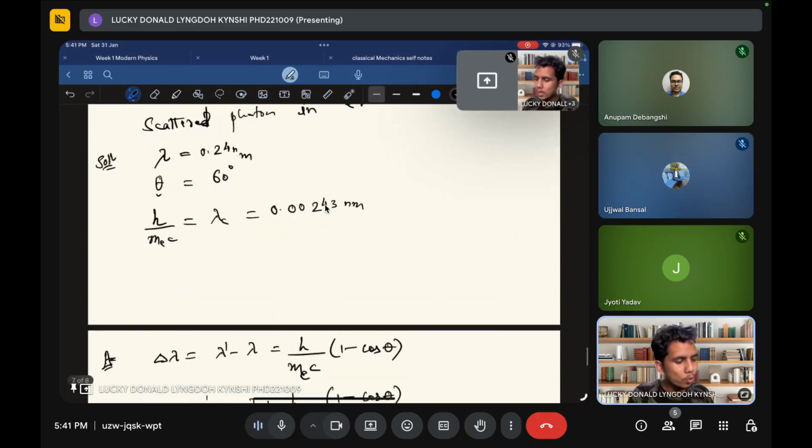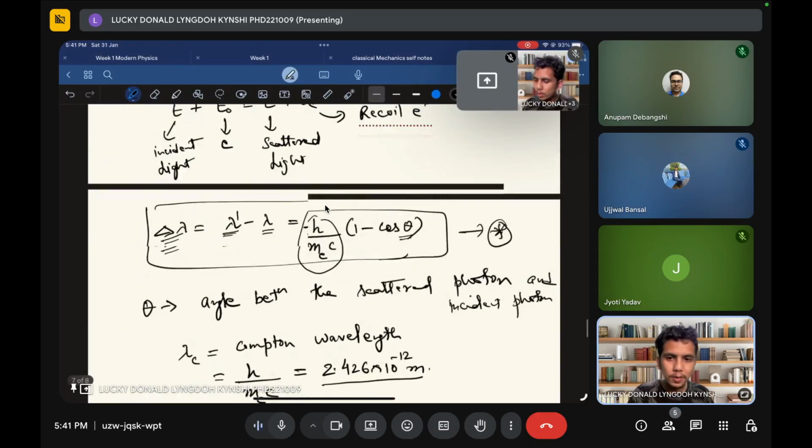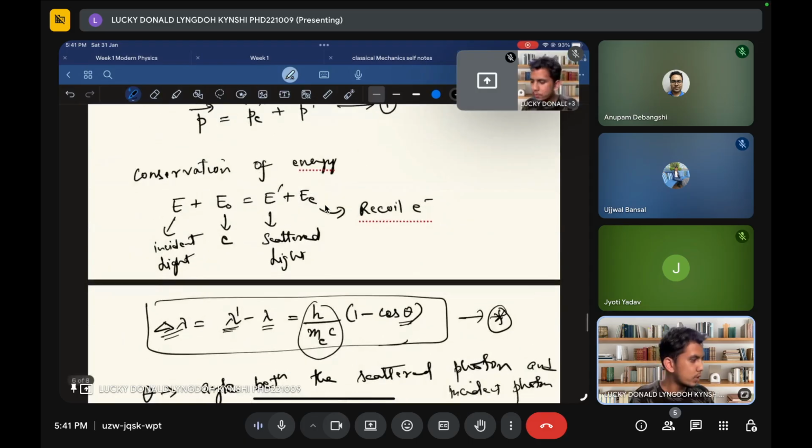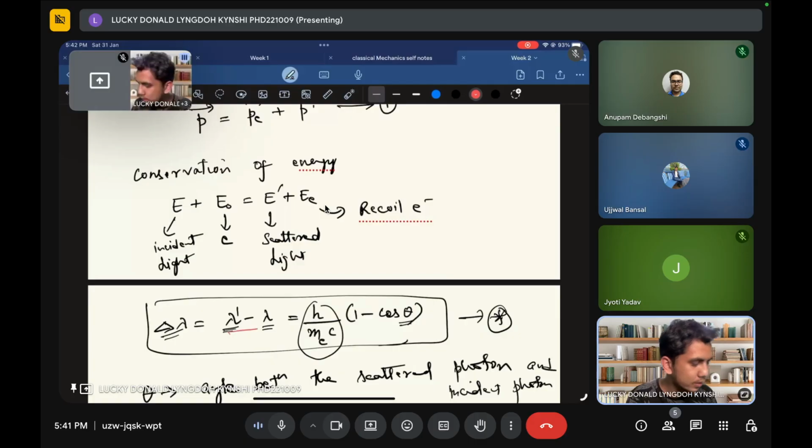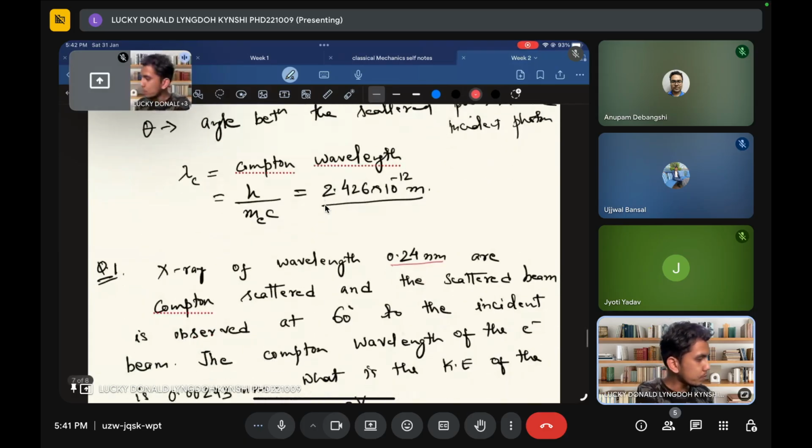This is also what this equation describes: delta lambda is equal to lambda prime minus lambda. I have just used the standard equation obtained from the derivation of the Compton wavelength.